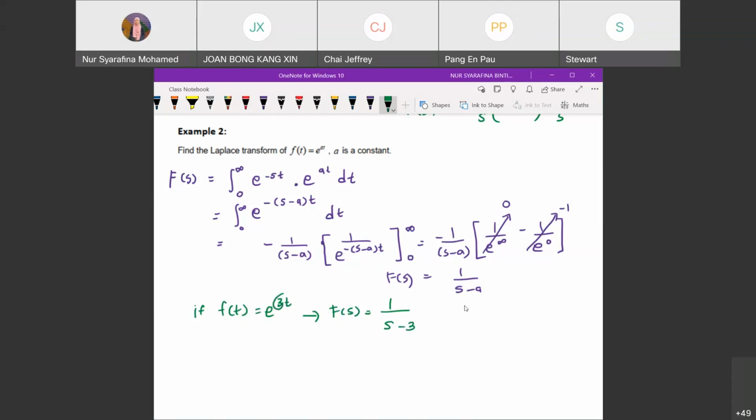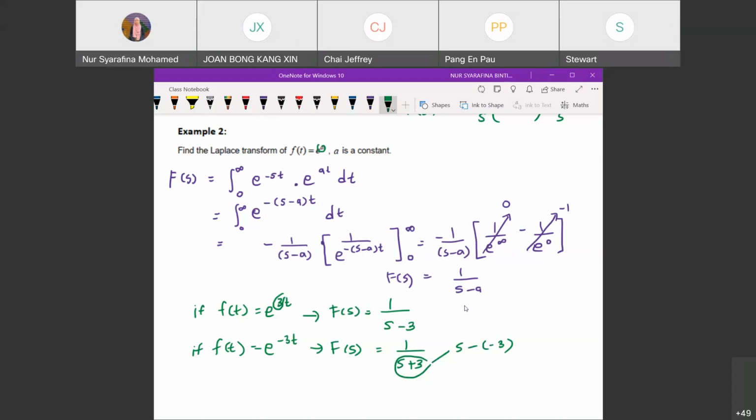Just follow this: when it is a, then it is s minus a. Now, a equals 3, so 1 over s minus 3. If f(t) equals exponent minus 3t, then your F(s) becomes 1 over s plus 3, right? Just s minus minus 3. Okay, is that clear?